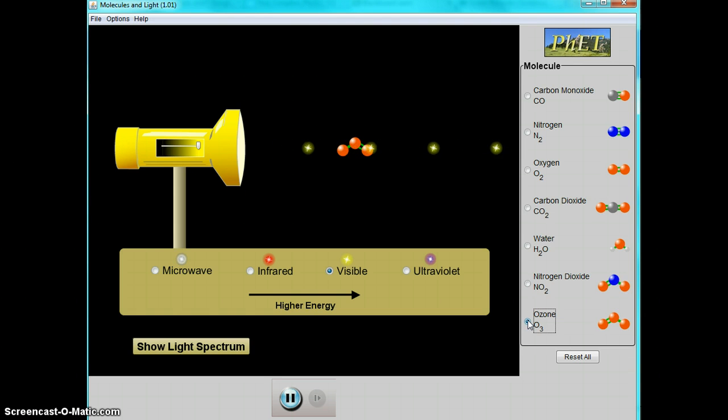And not being absorbed by O3. And visible light is not a harmful light, so it's good that this molecule doesn't absorb it.